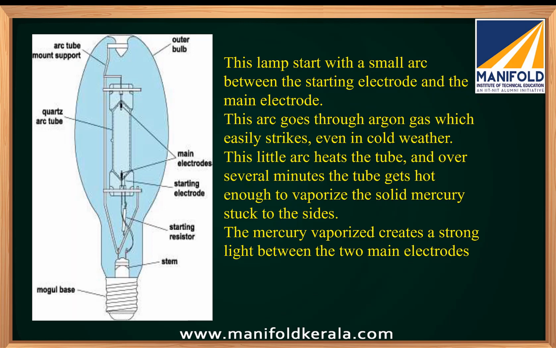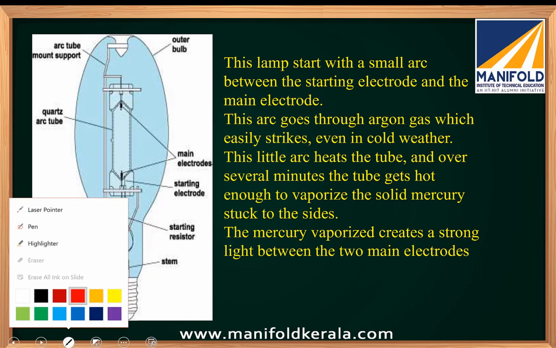The lamp starts with a small arc between the starting electrode and the main electrode. The arc goes through argon gas, which easily strikes even in cold weather. This little arc heats the tube, and over several minutes the tube gets hot enough to vaporize the solid mercury stuck to the sides. The vaporized mercury creates a strong light between the two main electrodes.